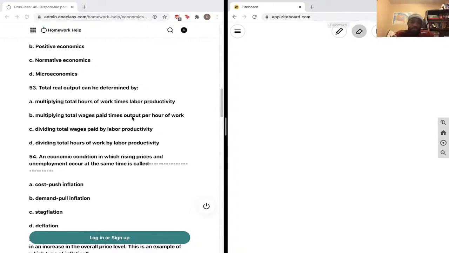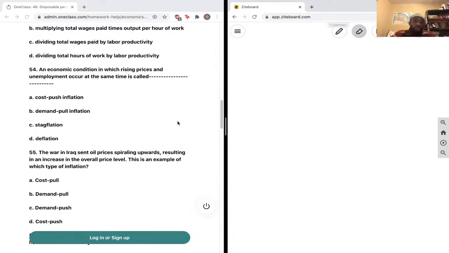Labor productivity is measured by output per hour of work. So output is found as the product of work hours and productivity. Real output would be a product of those work hours and productivity. So we'd say that's A.